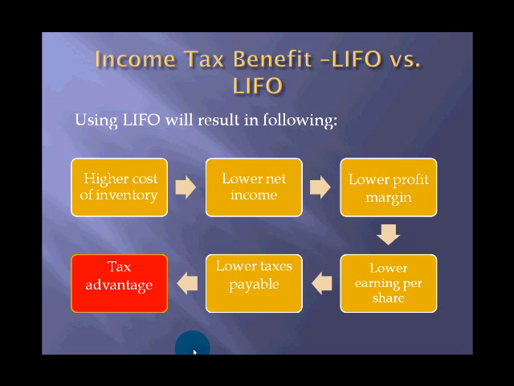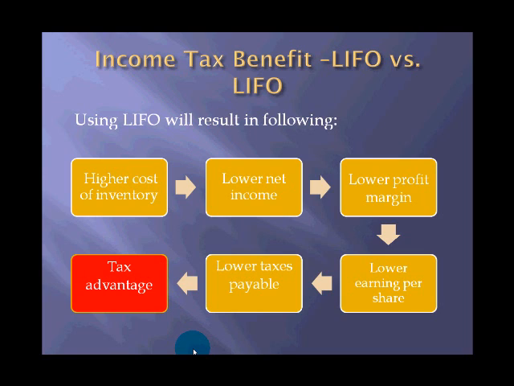Since LIFO makes the inventory last purchased equal cost of goods sold, as a result, the ending inventory will have a lower value. Your current ratio will be lower since your inventory is a lower value.